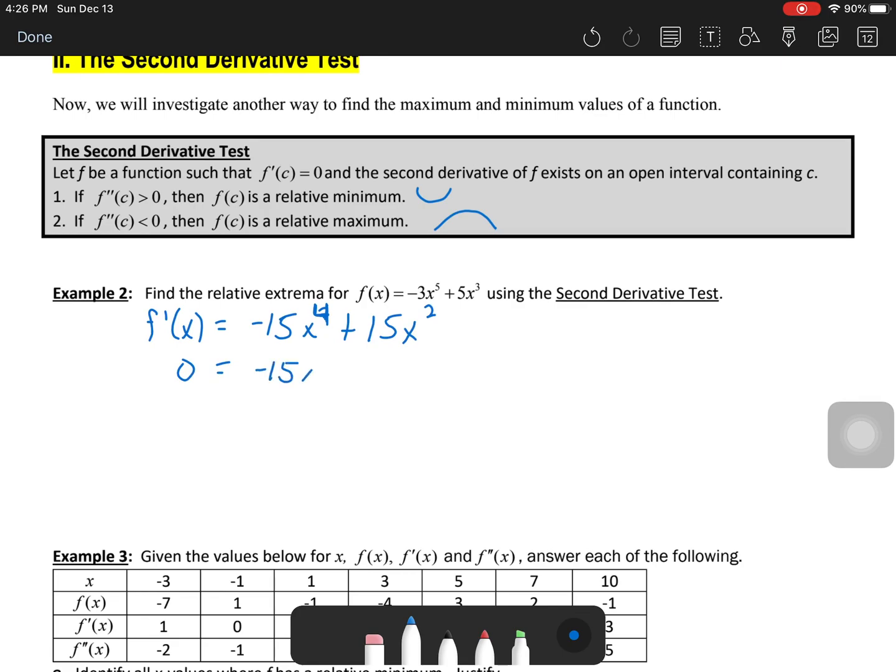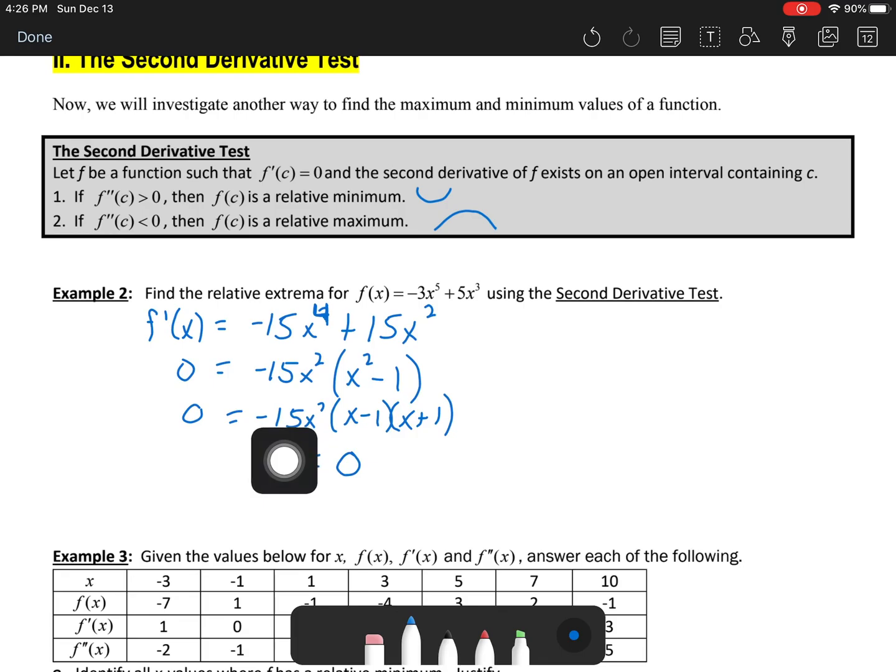We can factor out negative 15x squared, which leaves x squared minus 1, and that factors further into x minus 1 times x plus 1. So my solutions when I set it equal to 0 are 0 from the negative 15x squared I pulled out, and then positive 1 and negative 1.